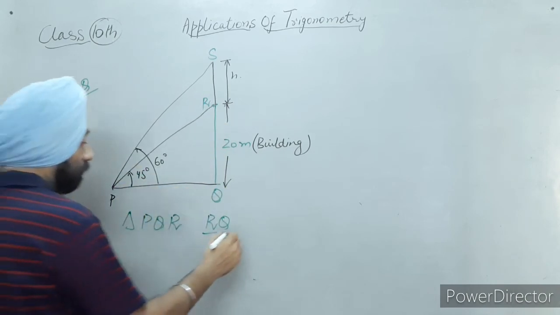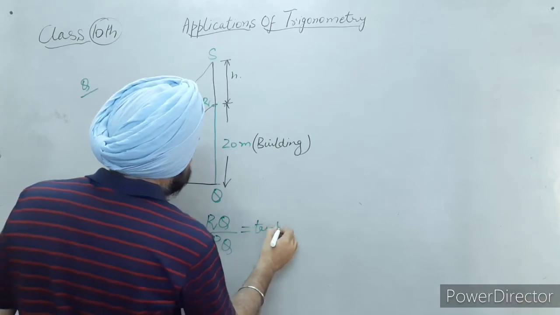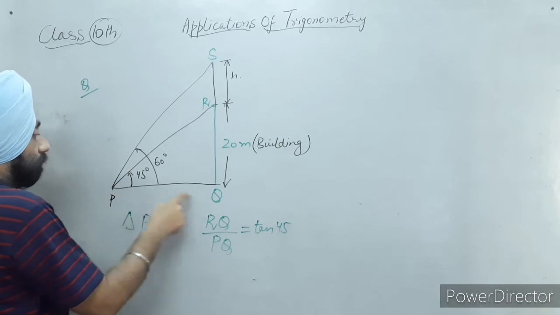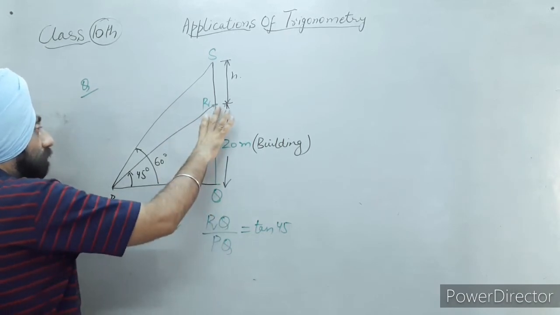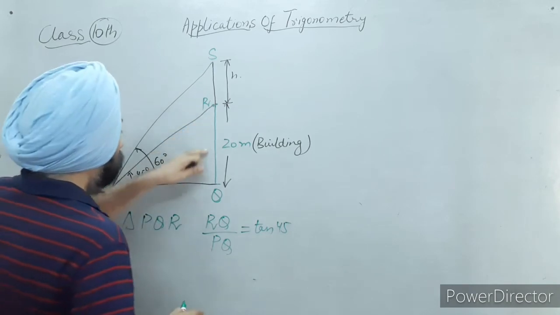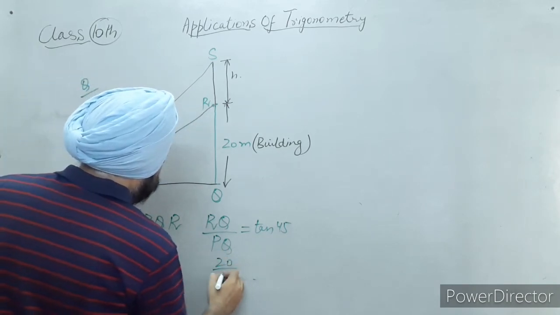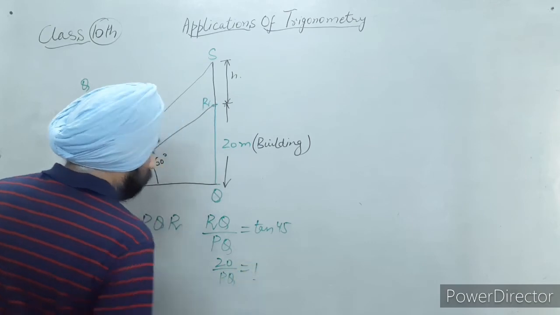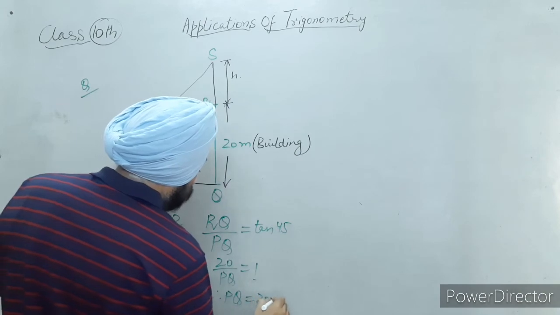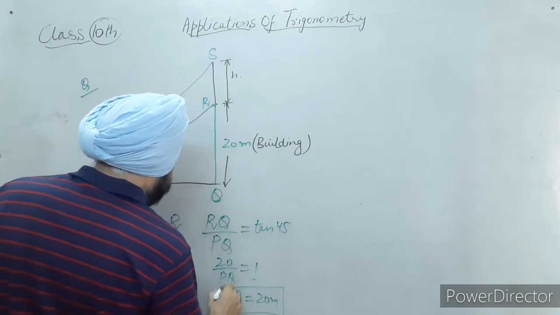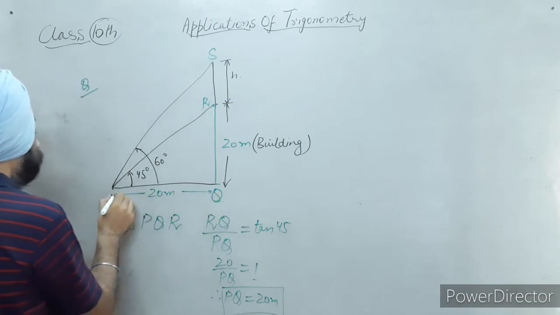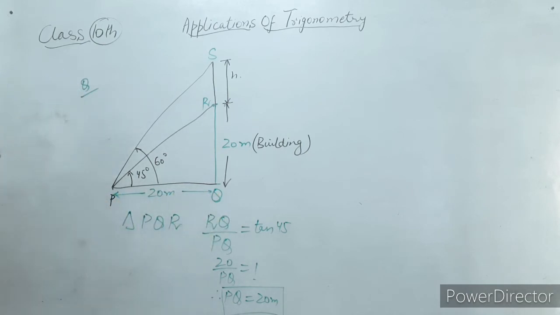Angle is tan 45. Perpendicular upon base is tan 45. Perpendicular is 20. PQ, tan 45 is 1. Therefore, PQ equals 20 meters. PQ is 20 meters.